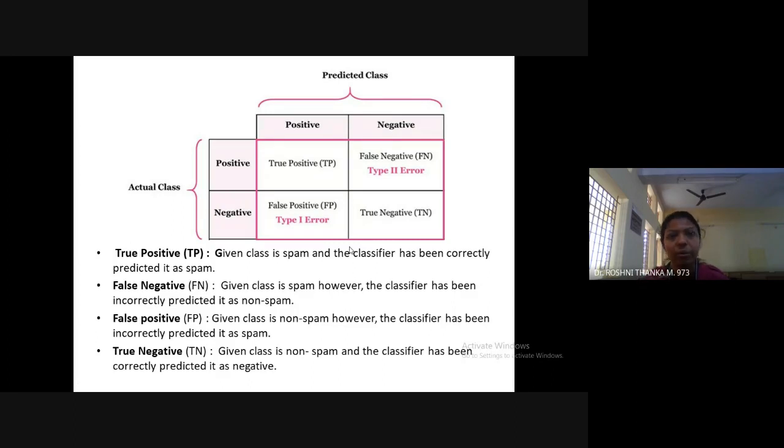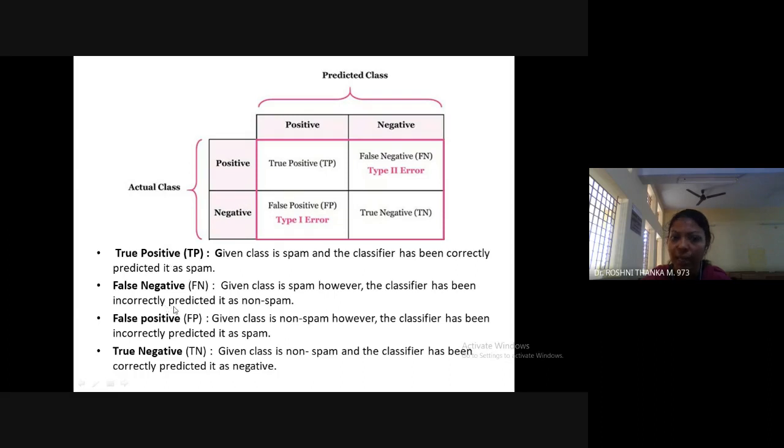We consider spam as the positive result and ham, non-spam, as the negative result. The given class is spam and the classifier has correctly said it is spam. So that is a true positive.